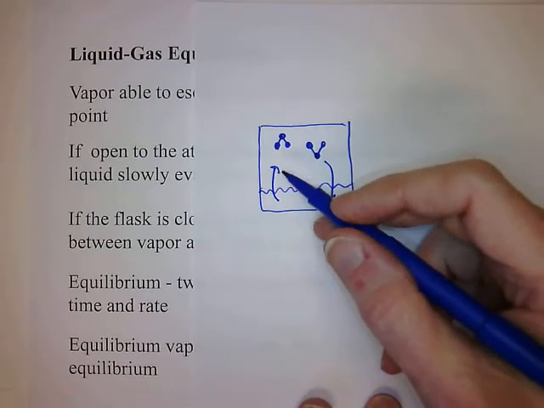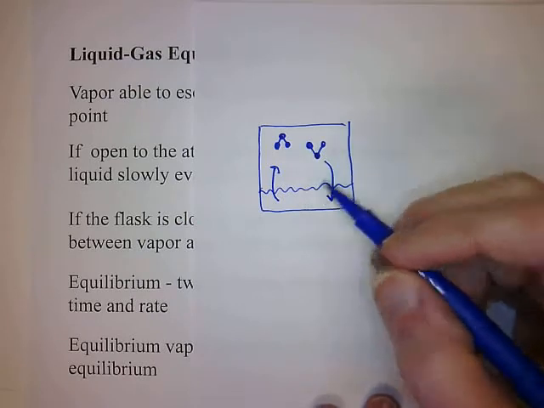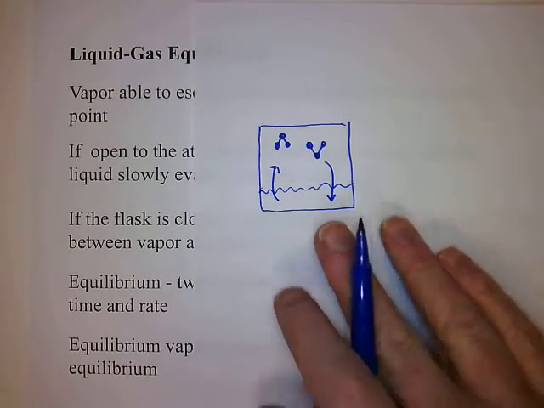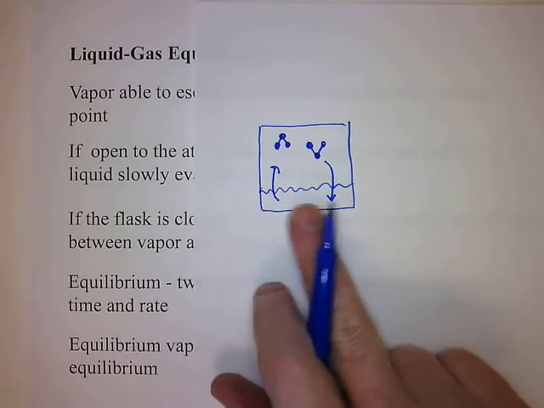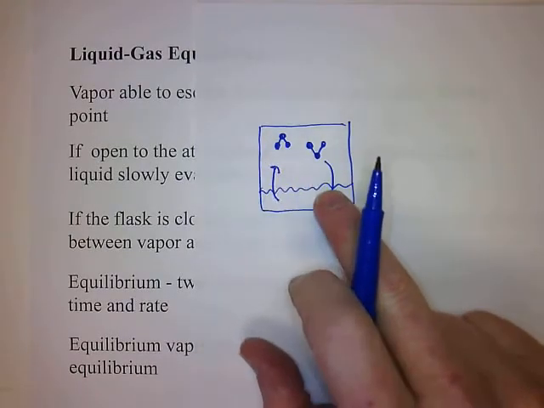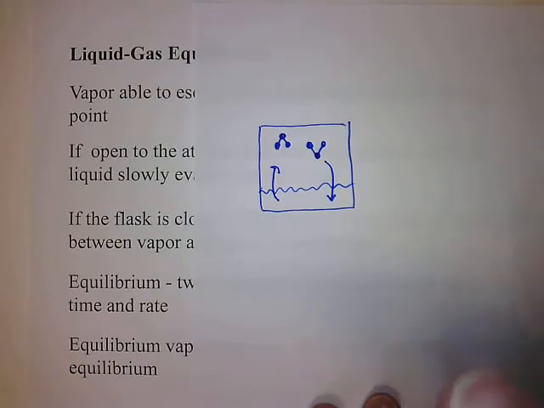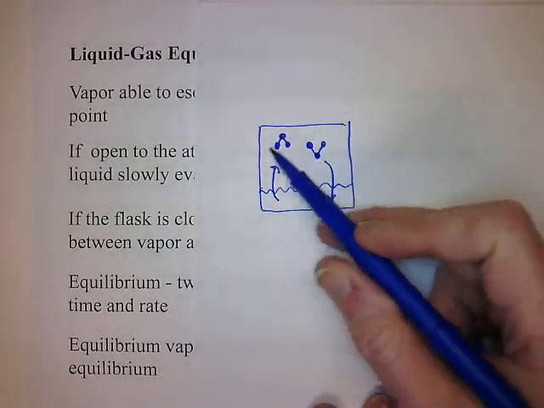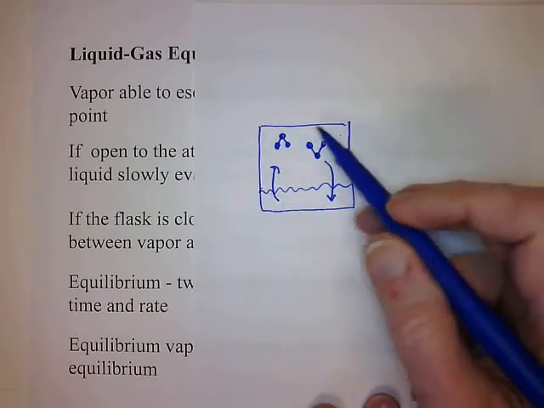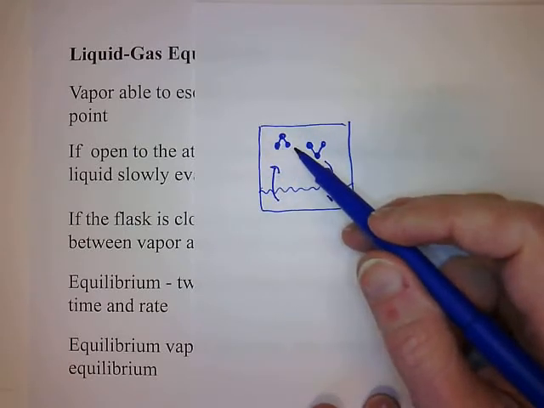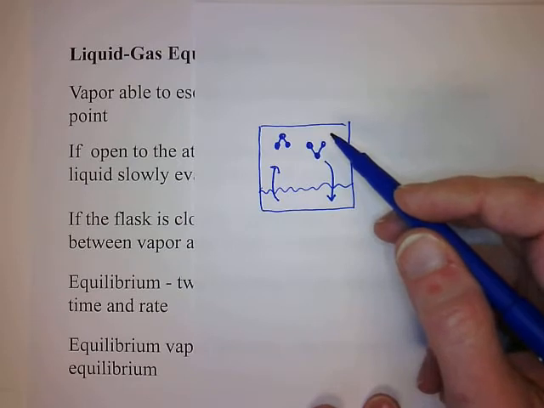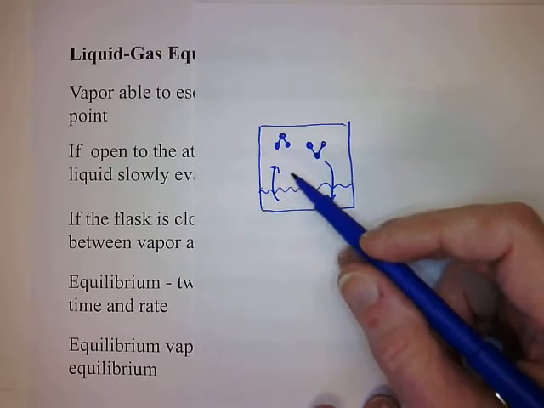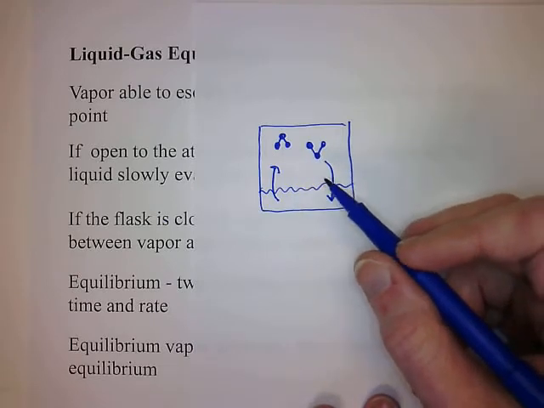So an equilibrium is when you have two opposing processes occurring at the same time and at the same rate. In this case, we're talking about evaporation and condensation. Once the equilibrium is established, the number of molecules in the vapor state doesn't change. That doesn't mean that this is a static or frozen situation, or that nothing is happening.